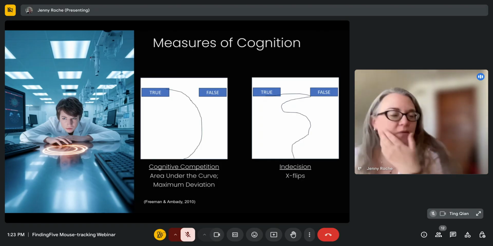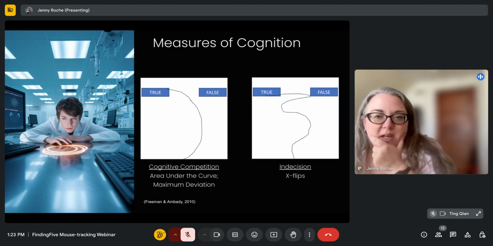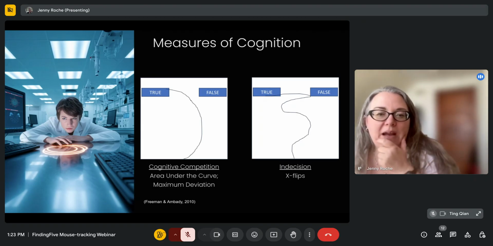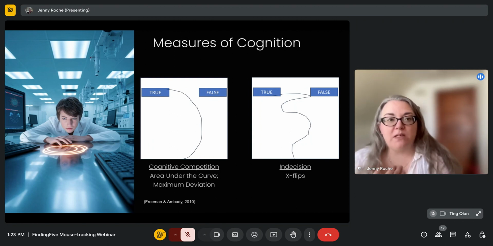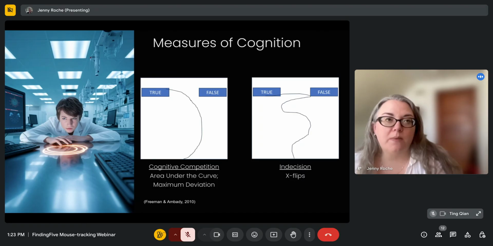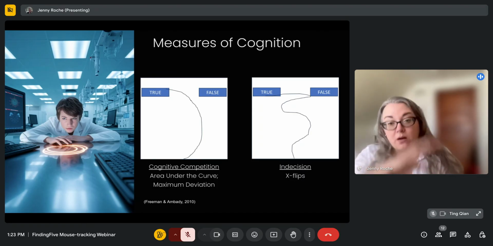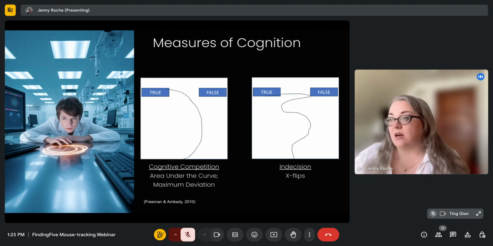So we have to be careful about response time and the implications of that, but I'll talk a little bit about how to handle that in your data cleaning. Response time is essentially a measure of thinking, so how long it takes someone to make the decision. My recommendation, and usually what I do in my studies, is I sometimes pull multiple mouse tracking measures to get a bigger picture of what's going on cognitively speaking.